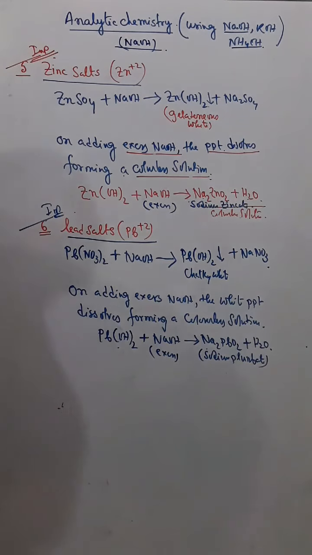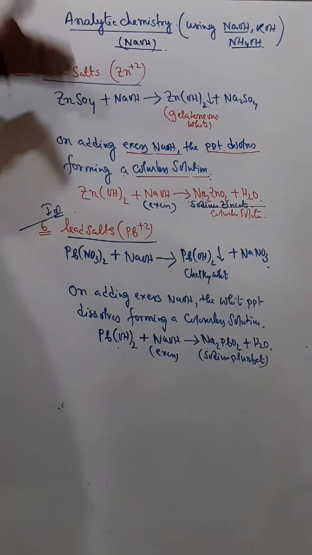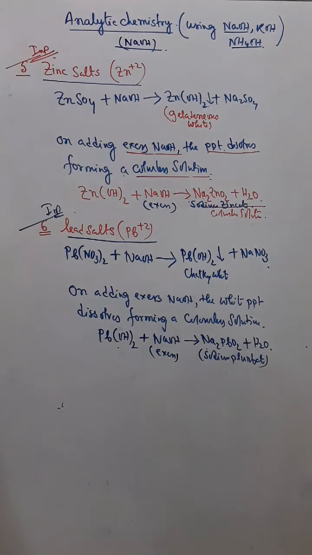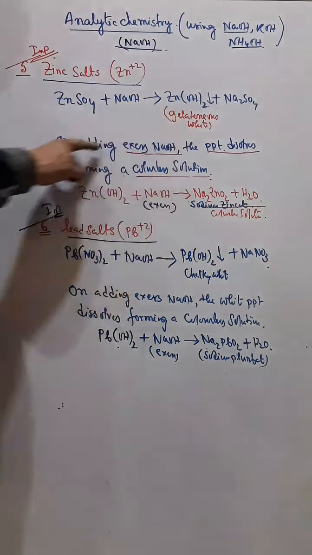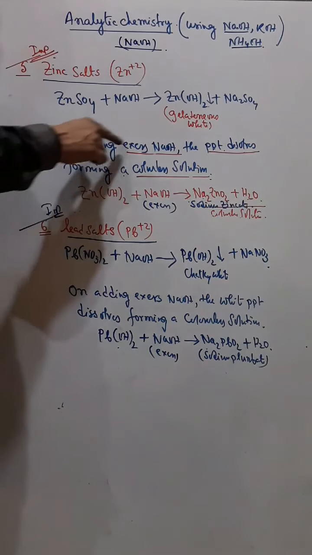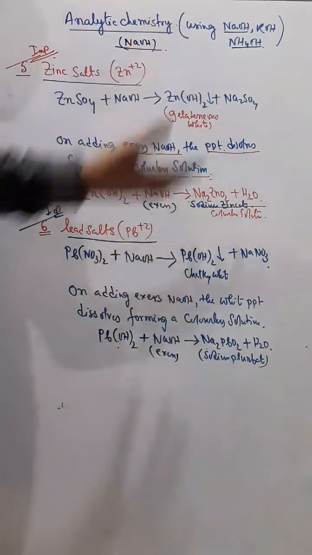So understand, what we have studied here, we have studied at least 6 identifications. This is number 6. So 6 types of positive ions we have learned how to identify by the color of their precipitate. And in this part also, first of all you have to study what precipitate you are getting, the color, and then you have to also study on adding excess to that precipitate, whether it is soluble or insoluble.